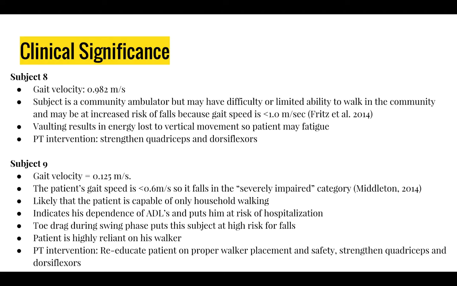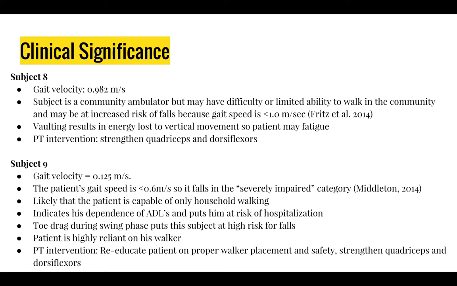For the clinical significance, so subject 8, her gait velocity was slightly below 1. So we still classified her as a community ambulator, but since it's a little less than 1, we noted that she might still have difficulty or limited ability walking in the community and may still be at an increased risk for falls.